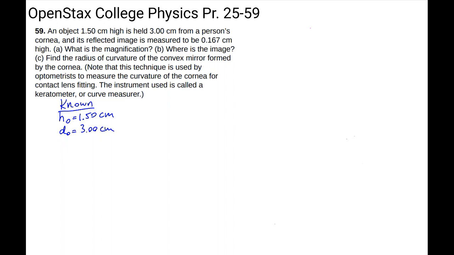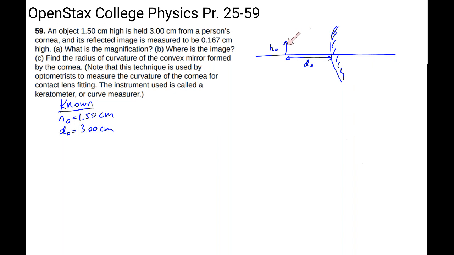Let's draw this out so that we can see what exactly is going on here. This would be the cornea, so the eye is behind it, and I place an object of height HO, a distance DO, away from the cornea.